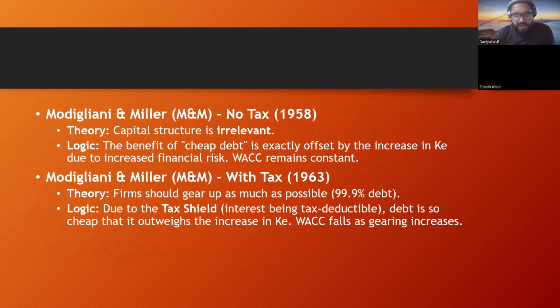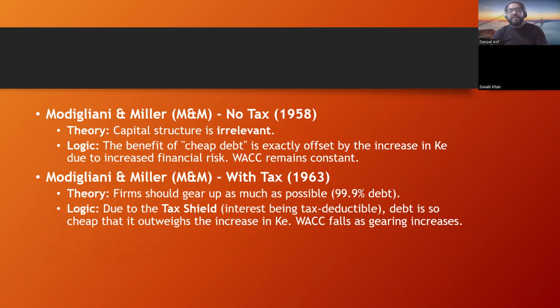Investors are rational and cost of equity is directly proportional to increase in gearing, but since debt attracts tax savings, the WACC falls. So the company should be 100% geared. What they meant was that you can increase your debt as much as you want. You can even use 100% debt financing.